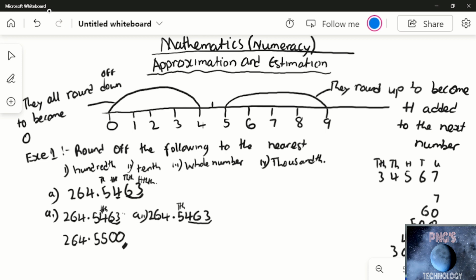So 3 becomes what? 0. 6 becomes plus 1 here. So its place is now 0. 4 plus 1 becomes 5. 5 becomes plus 1 here. So its place is now 0. Then 5 plus 1, 6 point. And this is our answer.